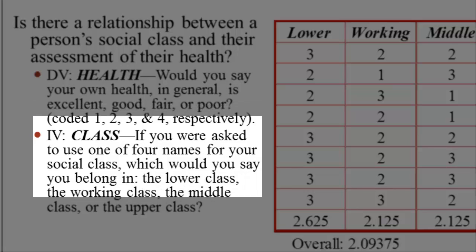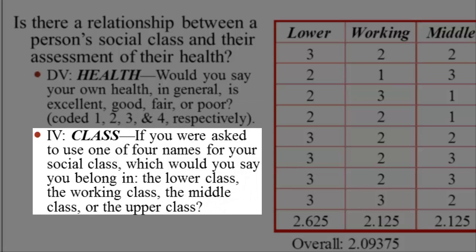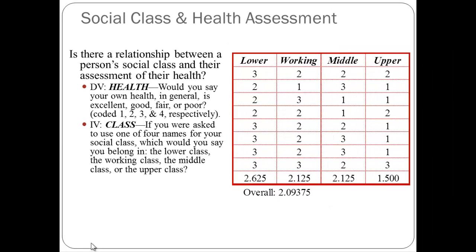The variable with the mnemonic class asked people to use one of four names to represent their social class. The social classes were lower, working, middle, and upper class. You can see I've broken out the arithmetic averages for health by the different groups, and I've calculated the grand mean. The overall grand mean for the health variable is 2.09.